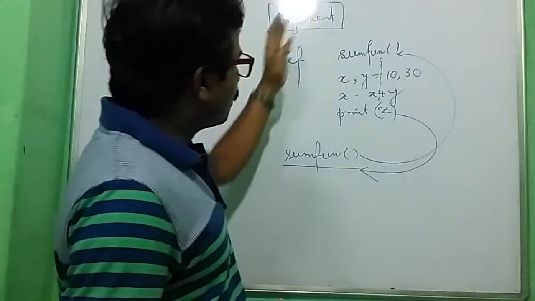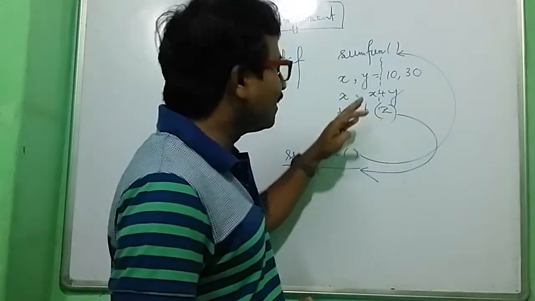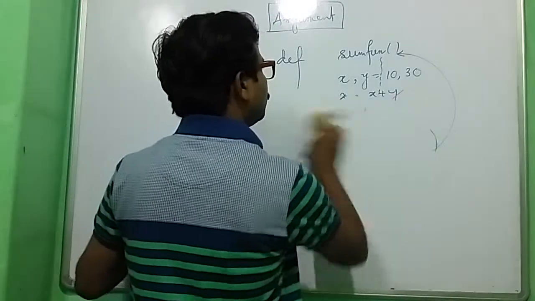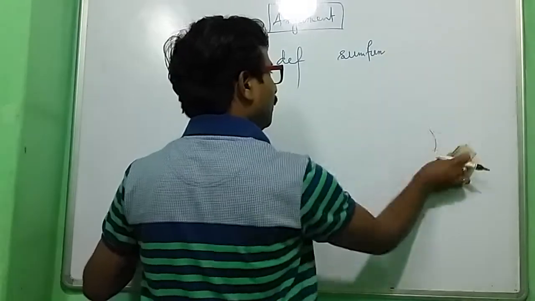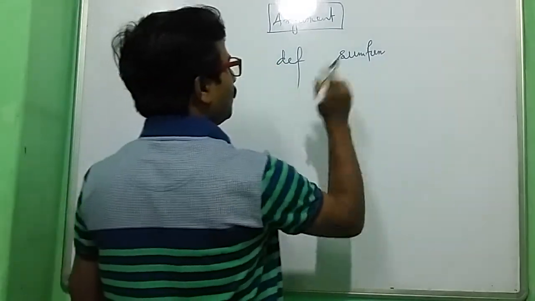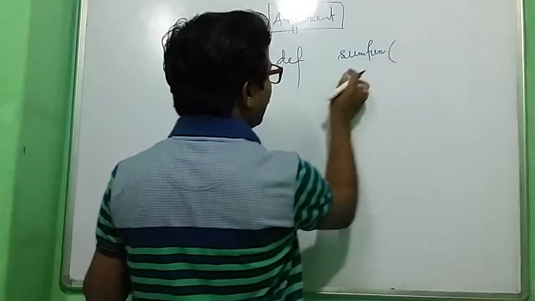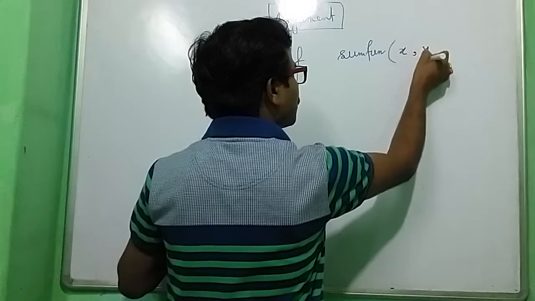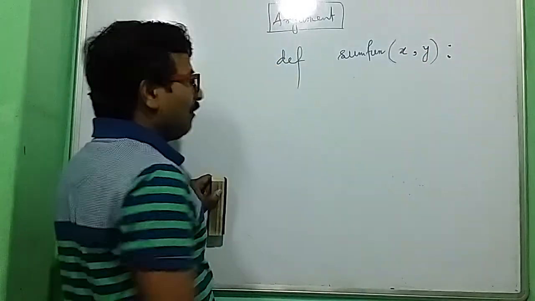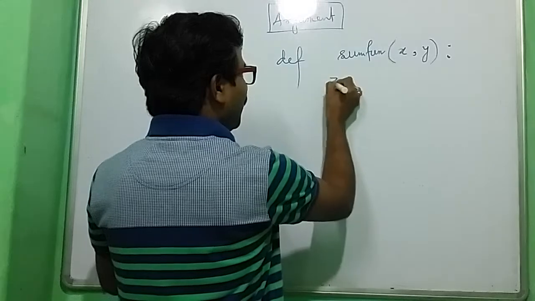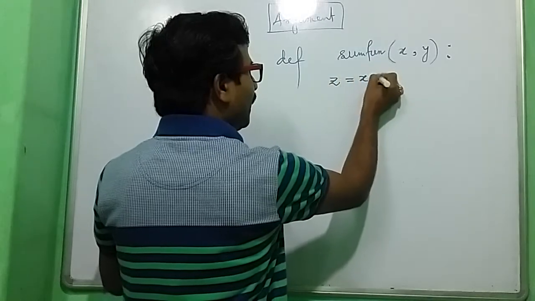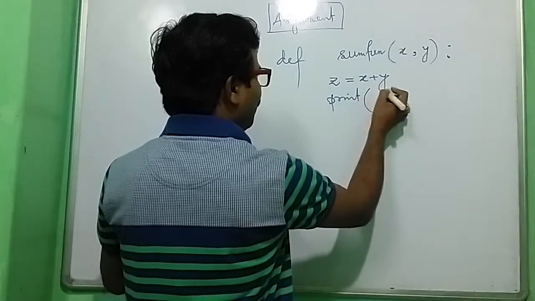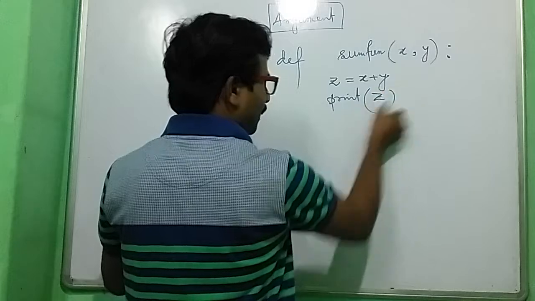So now we will modify this function, and we will see how we can take arguments for this function. Let me redefine it. Define function. Instead of taking the variable over here and the values over here, I will only write x, y, and take an internal variable z equal to x plus y, and you can put the print statement here and print z.